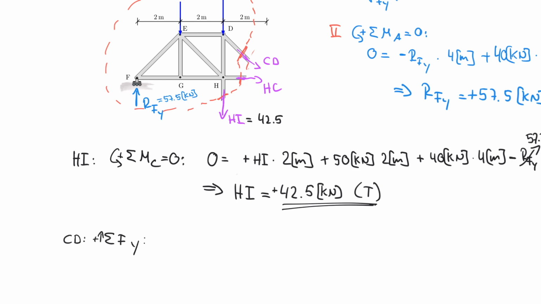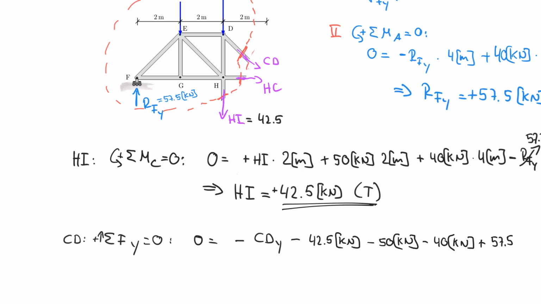So upwards positive is equal to 0, and 0 is equal to minus CDY, vertical component, minus 42.5 kilonewton, minus 50, because it's going down, kilonewton, minus 40 kilonewton, plus 57.5 kilonewton.